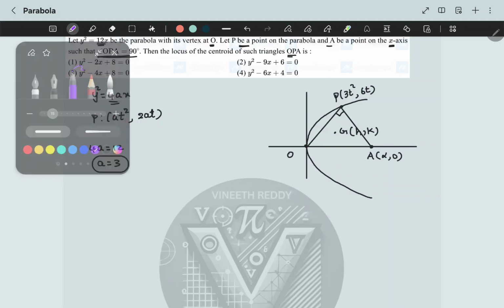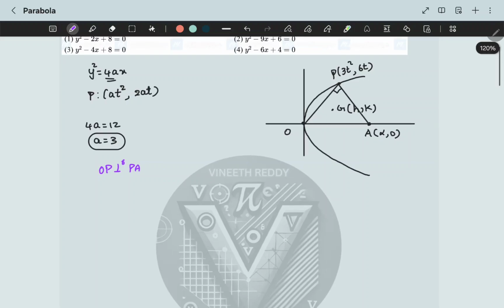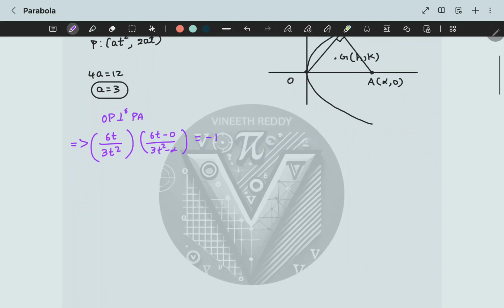So we have two conditions here. We know that OP is perpendicular to PA. That means the product of the slopes should be -1. So what is the slope of OP? It should be 6t divided by 3t square. Now this multiplied with the slope of PA, which is (6t minus 0) by (3t square minus alpha), should be equal to -1.